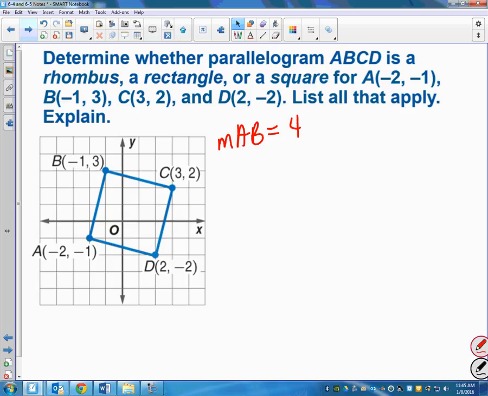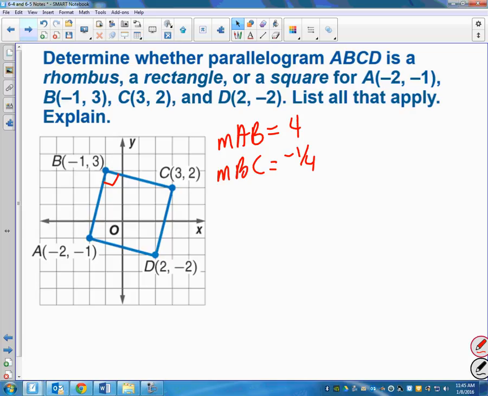I already said it's a parallelogram. If I find the slope of BC, going from B to C, I'm going to go down 1 and over 4. That's good news, right? They're opposite reciprocals, so we've just shown that that's a right angle.